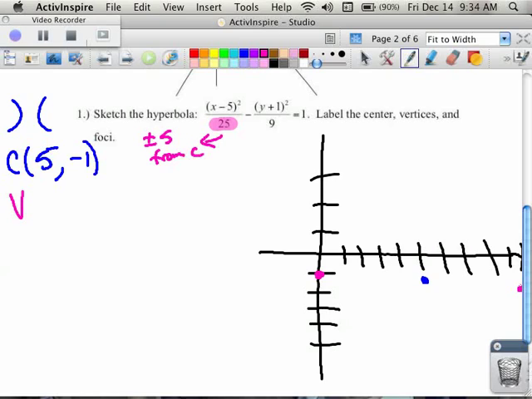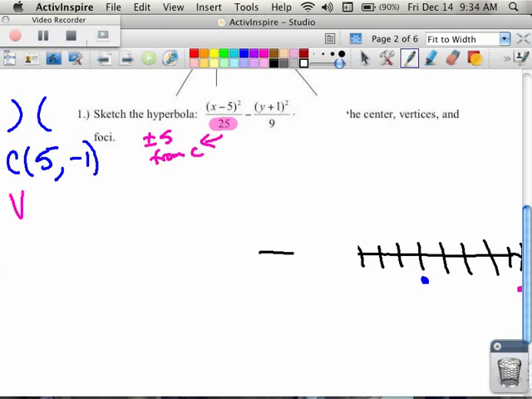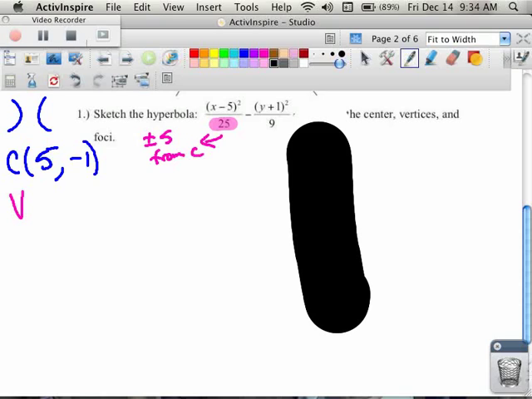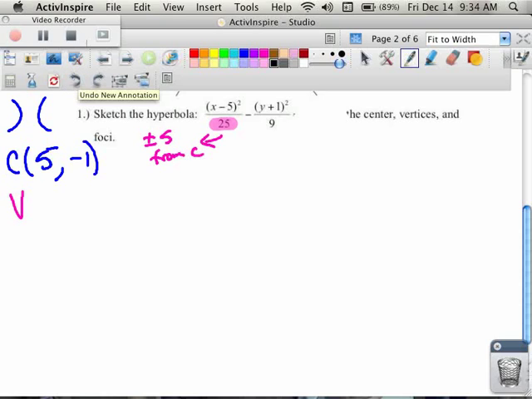The graph is correct, but you can't see the other part of the hyperbola if I do it this way, so I'm just going to redo it. My apologies. Holy! That's not what I wanted. That'll be fun to watch on the video, though. Kind of funny.